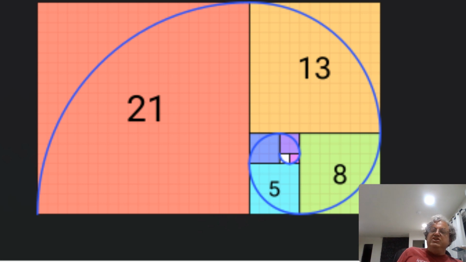Each of these are squares where the sides are Fibonacci numbers, and since the ratios of neighboring Fibonacci numbers approach the golden ratio, this spiral is called the Fibonacci spiral. It's not exactly the same as the golden spiral, which I showed earlier, but it's a very good approximation. So that's a good way to construct the Fibonacci spiral.